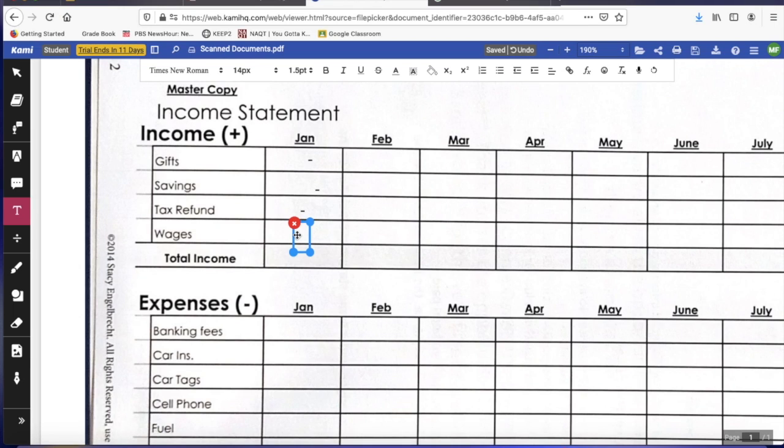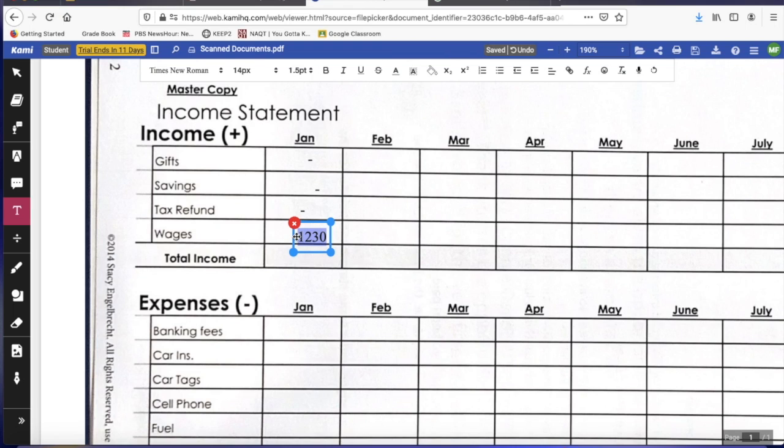So wages, that would be his paychecks from the outdoor sports world. So his total wages would be the $632 and $598 wages added together. So that's going to give you a total of $1,230.